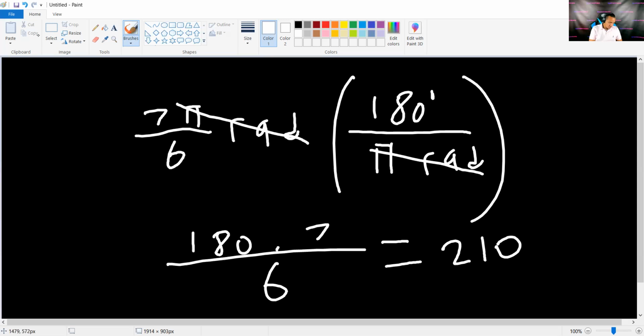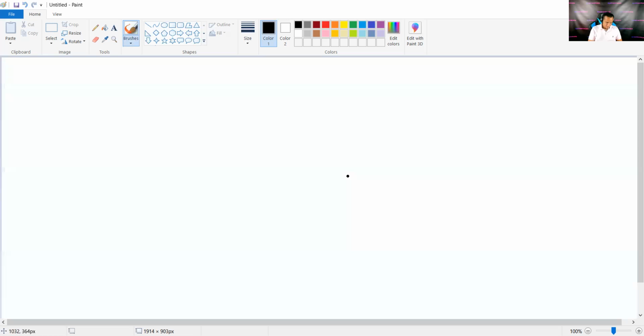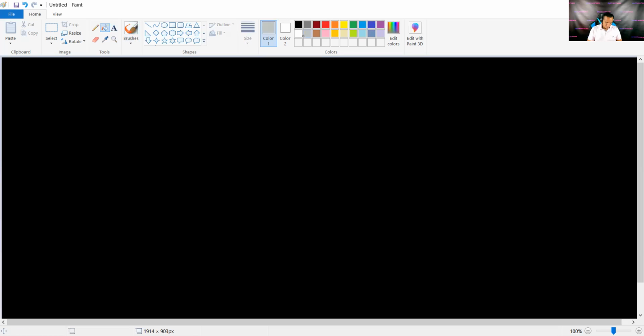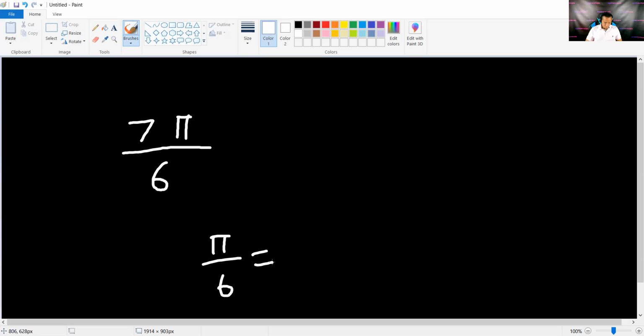Another trick to do is this. So far, we've looked at 2 ways to convert. Here's another trick. In 7 pi over 6, well, you know that pi over 6 equals 30 degrees, since 180 degrees equals pi.